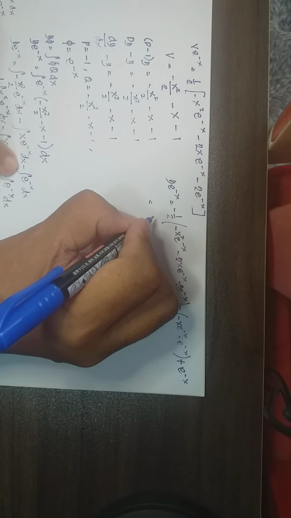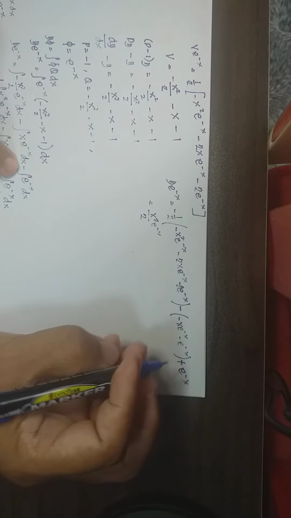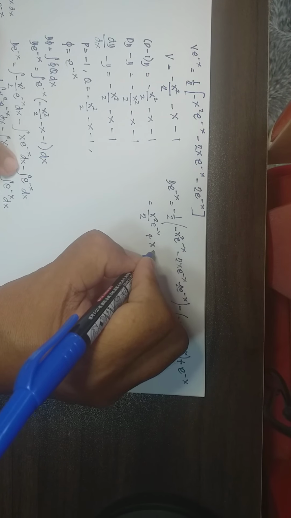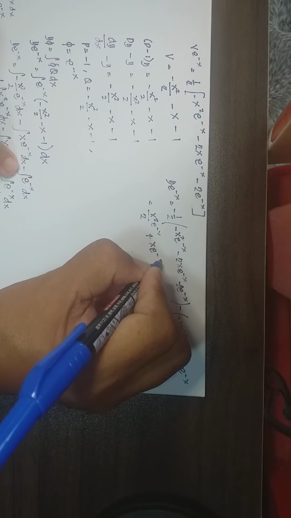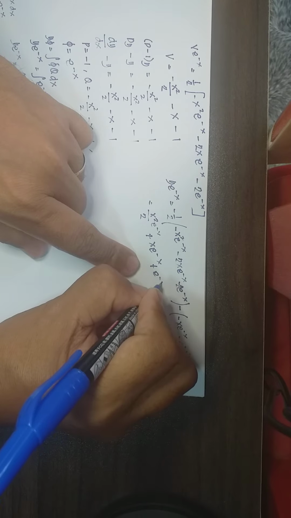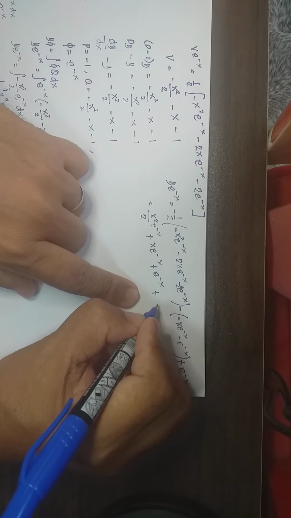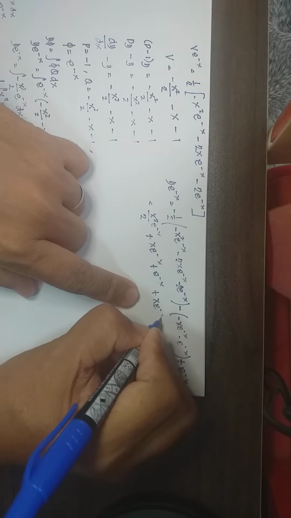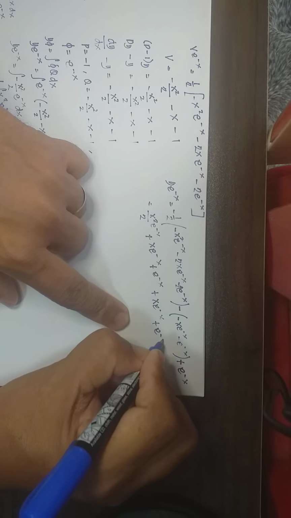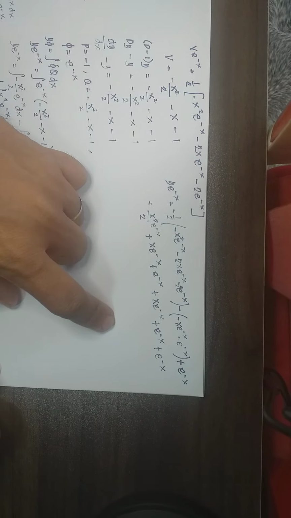Or this is x squared e to the negative x over 2 minus or plus x e to the negative x plus e to the negative x plus x e to the negative x plus e to the negative x plus e to the negative x.